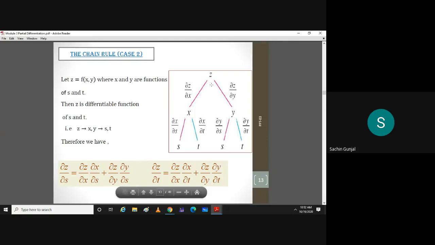This is the flow chart or tree diagram by which you can remember these two chain rules.